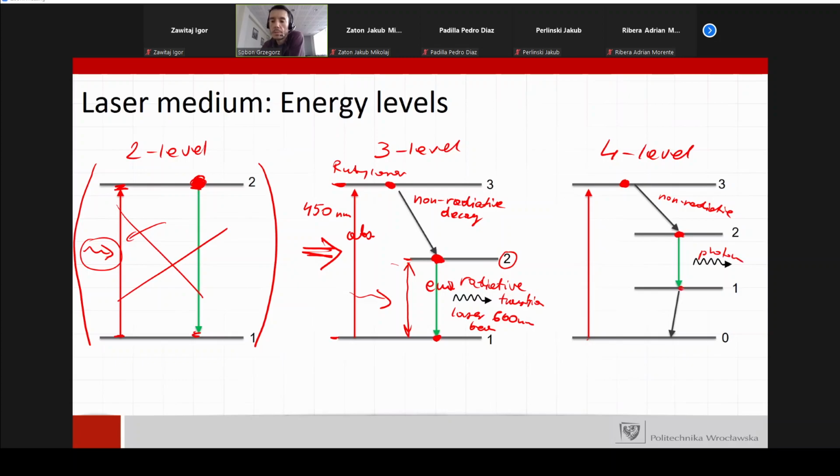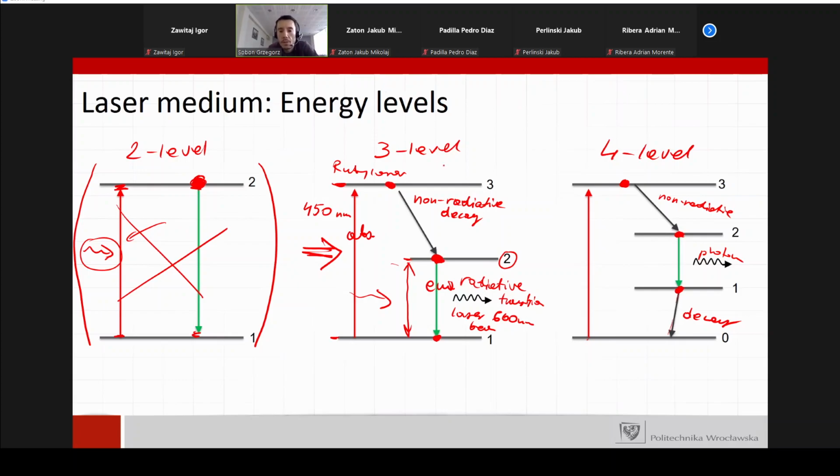Then the atom is still not on the ground state, but on the first state, which is a little bit up from the ground state. And here we have to use this relaxation to the ground state. So again, we have a non-radiative decay. This might also be caused by, for example, collision with the walls. The atom just collides with the wall of the laser tube, of the container, and loses its energy and decays to the ground state.